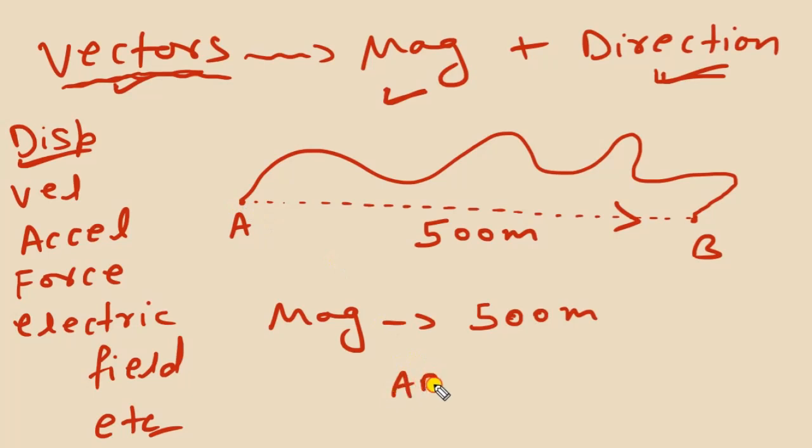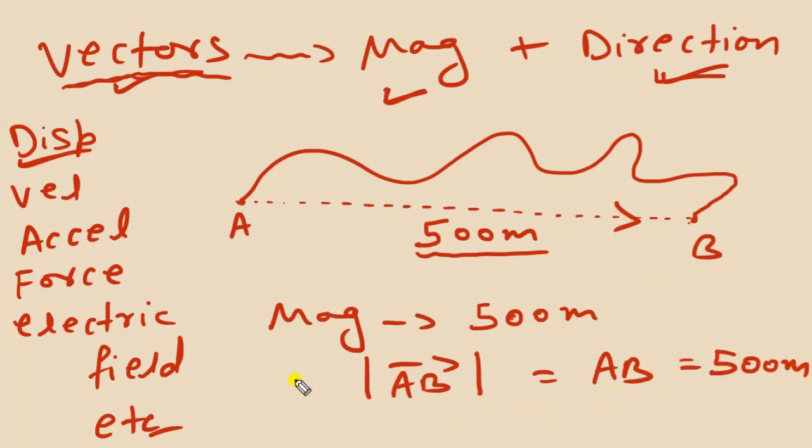Vector AB is your displacement vector, the length of which is 500 meter, which is known as magnitude of vector AB. Magnitude of a vector is equal to the distance between its tail and head. The starting point is known as the tail and the end point is known as the head. So the magnitude of your vector is 500 meter and it is directed along the line AB from A towards B.